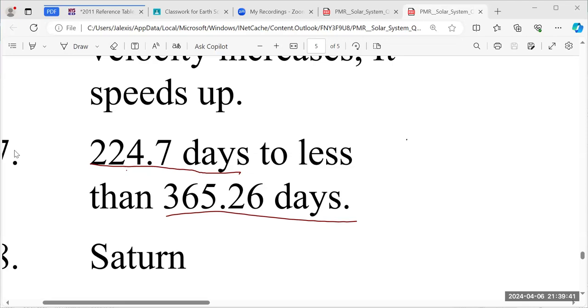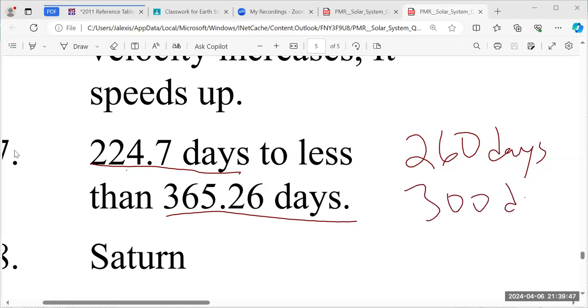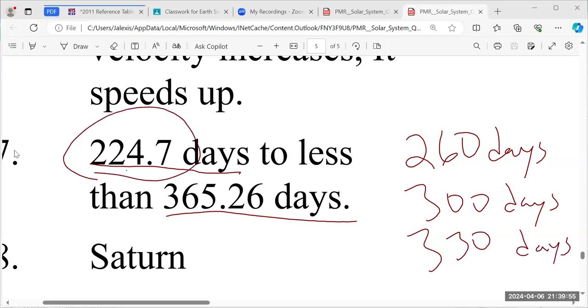So if you said 260 days, that's fine. If you said 300 days, that's fine. If you said 330 days, that's fine. As long as it is a number in between 224.7 days and 365.26 days.